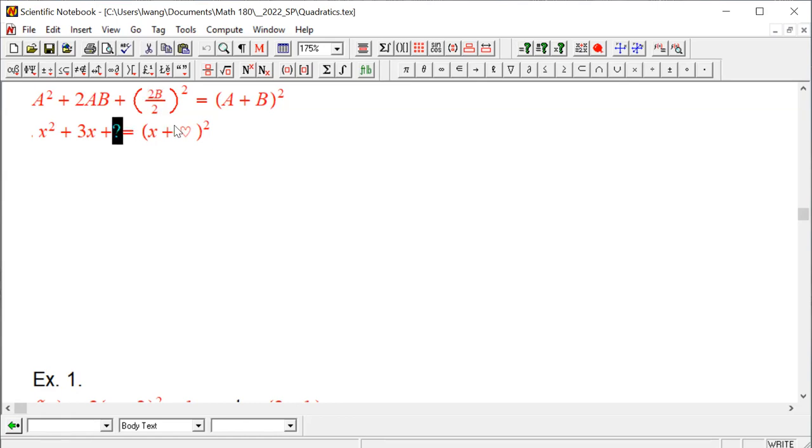So this piece is going to be 3 divided by 2 and then squared. I hope this helped you understand. If this is not enough, just let me know. This is the commonly taught method of completing a square.